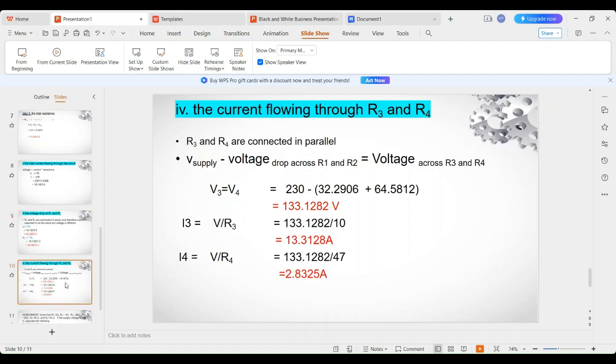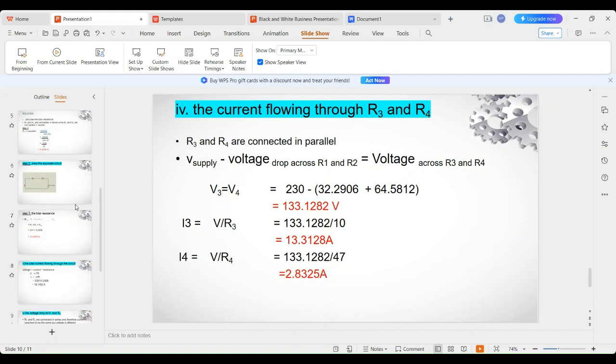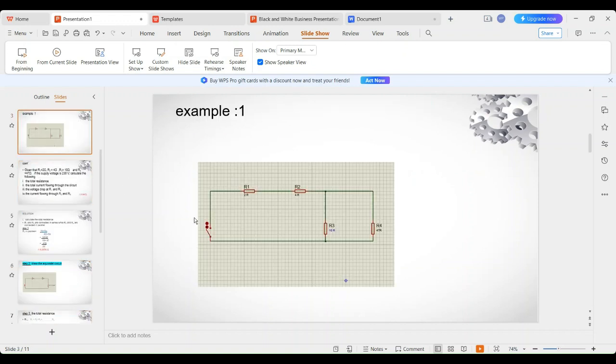Let's look at problem number 4. We are being asked to calculate the current flowing through R3 and R4. Let's go back to our circuit. Current flowing through this R4 and this R3.